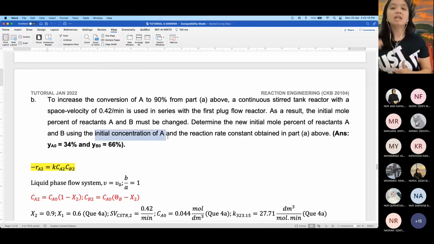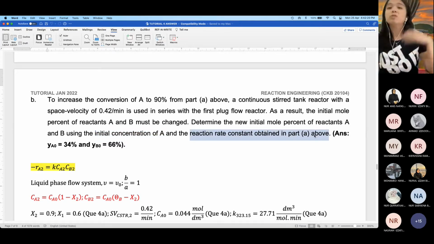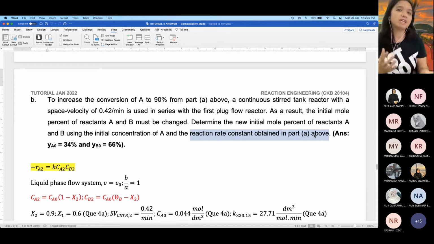Kita boleh guna CA0 from part A. Dan dia kata reaction rate constant pun kita boleh guna part A. Means CA0, K kita maintain. Tapi kita kena cari the new mole percent of A and B. Okay, so this is a challenge. As always, engineering question, kita tak tahu macam mana nak mula, or in other words, sometimes you have idea equation mana, tapi macam mana kita nak suit equation to the question.